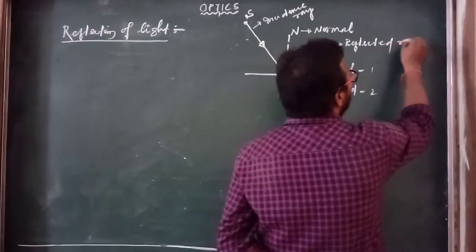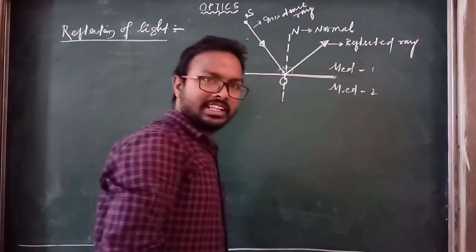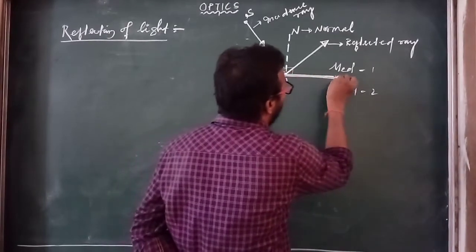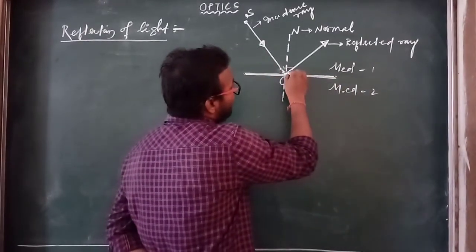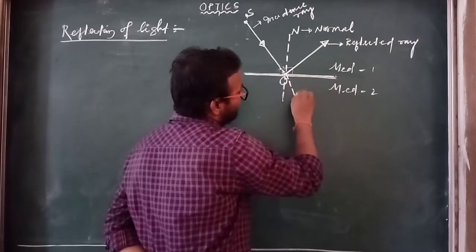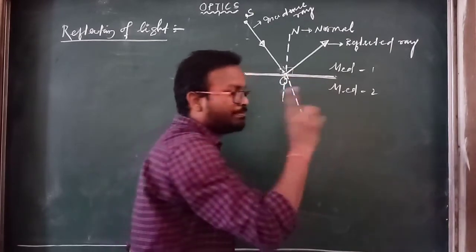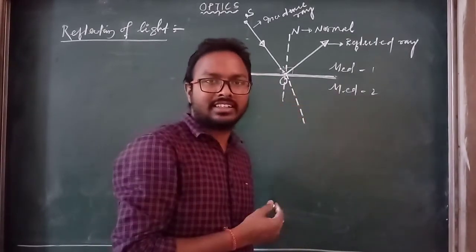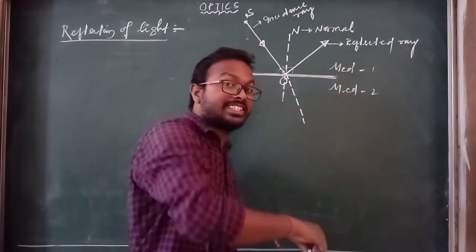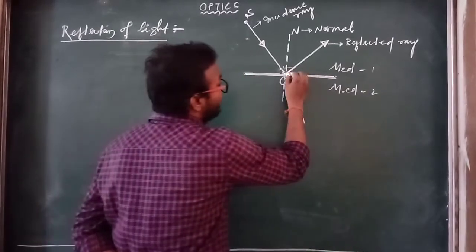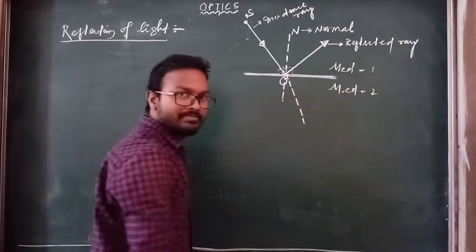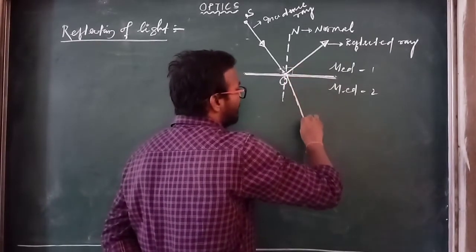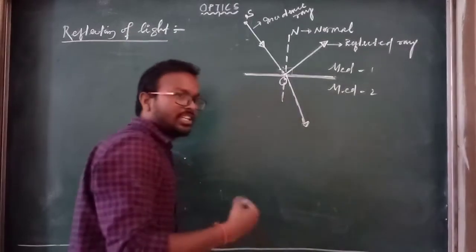Clear? Because there are two media separated by a boundary, the light bends in this direction, since light travels in a straight line within a medium but bends at the boundary. Some part of the light travels in this direction, because light is a form of energy.